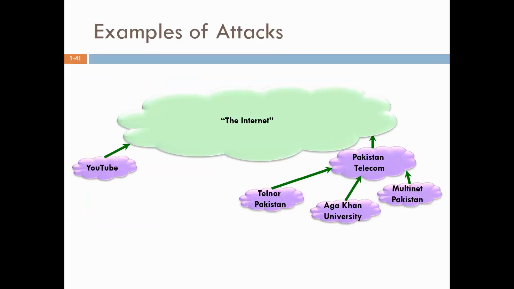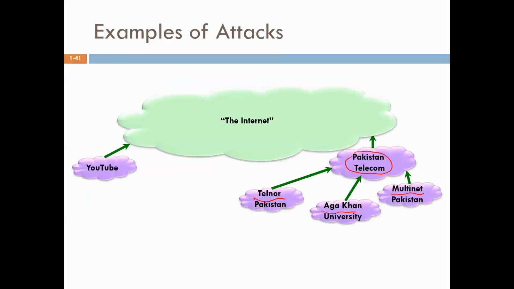Basically, Pakistan Telecom wanted to ban YouTube. It was a government decision, and it wanted to ban YouTube in the country. Pakistan had several internet service providers. One is called Telenor, one is called Aga Khan, one is called Multinet. Obviously the customers of these three ISPs were receiving YouTube connectivity.